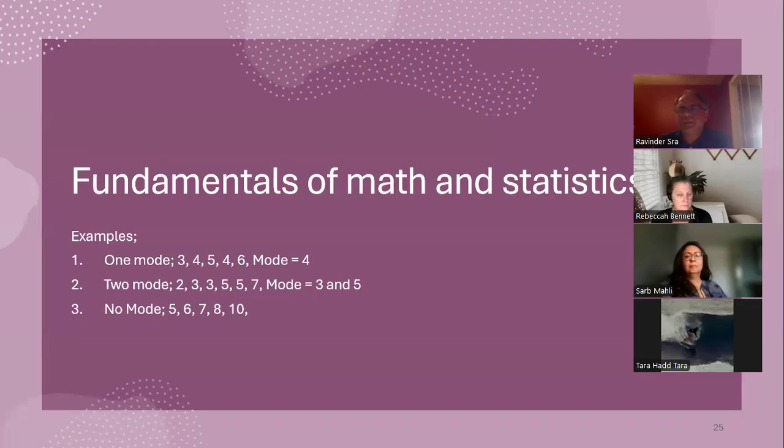Then the second example: 2, 3, 3, 5, 5, and 7. 3 appears 2 times, 5 appears 2 times. In this case, the modes are 3 and 5. 2 modes, not 1 mode, 2 modes.